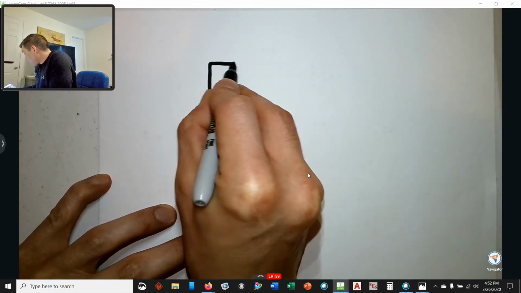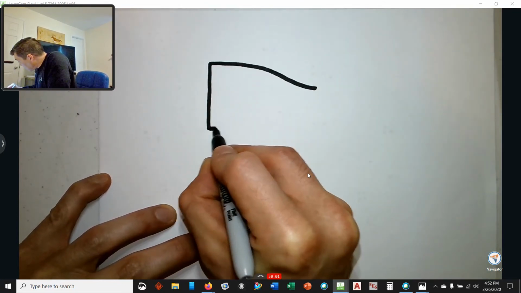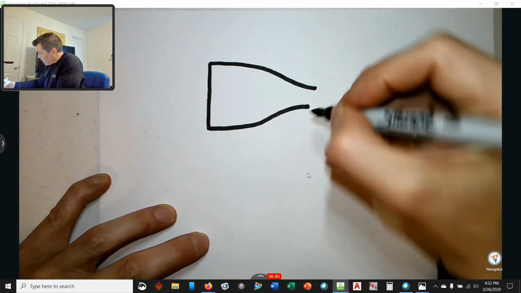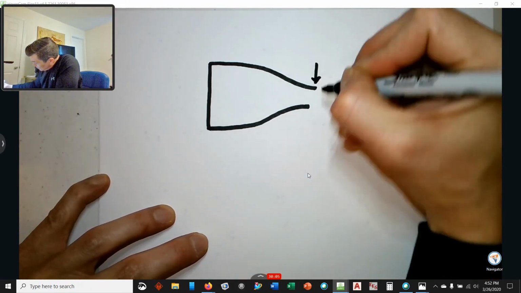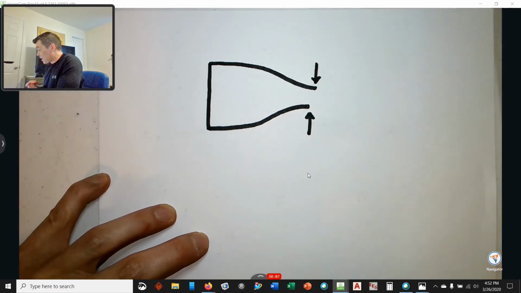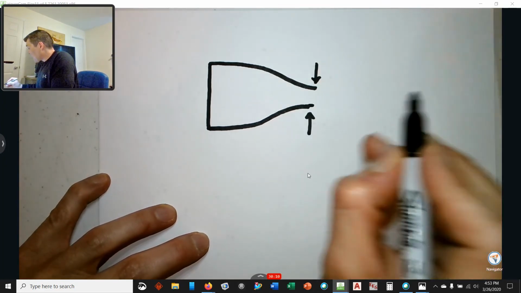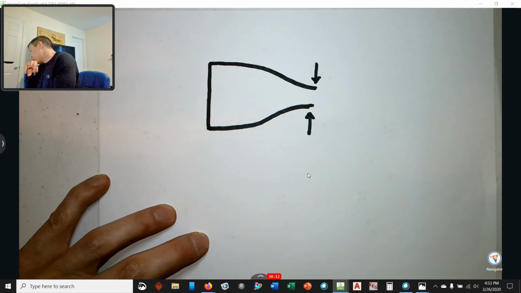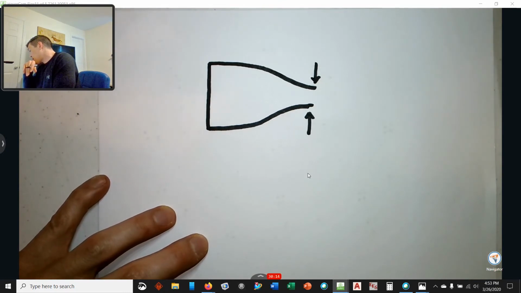So what we had was a nozzle, and the throat of the nozzle was where we expected that critical velocity. And we said, no matter what, we can't really exceed that critical pressure or critical velocity.